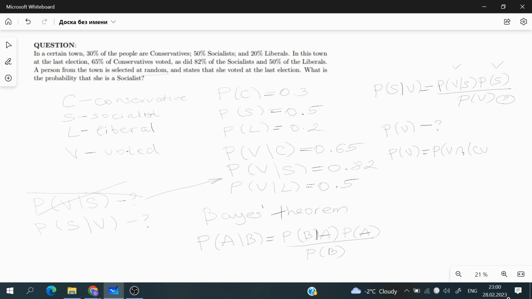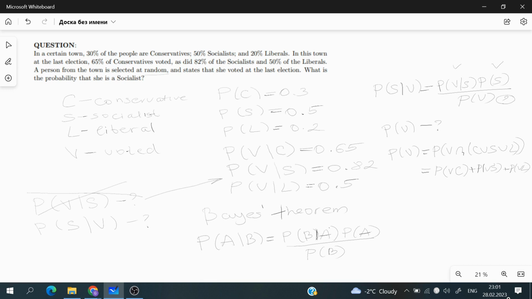C or S or L. That person being either conservative or socialist or liberal, correct? And this one equals the probability of VC plus the probability of VS plus the probability of VL.